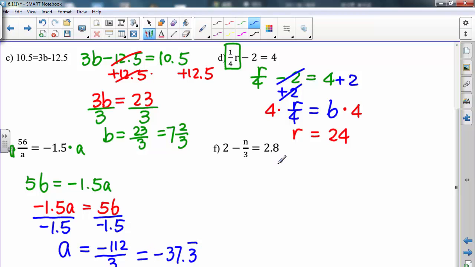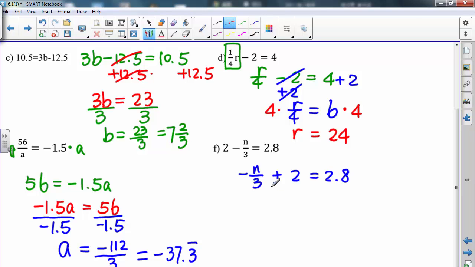The last one, let's look at how we can solve for n in this case. Let's look at how we can build the equation on the left side first. It's 2 minus n divided by 3. And this one is the same as negative n divided by 3 plus 2 equals 2.8.